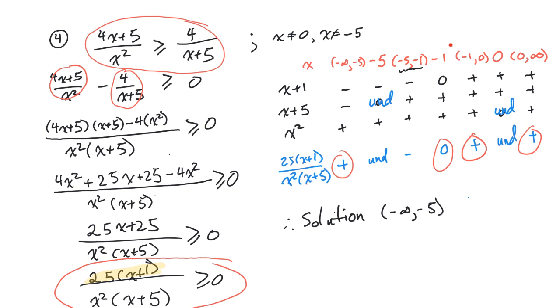So that means the combination of these two make our union a square bracket, because we have to include the -1, and 0, an end bracket. And then finally, we have a union of 0 to infinity. And we're done.